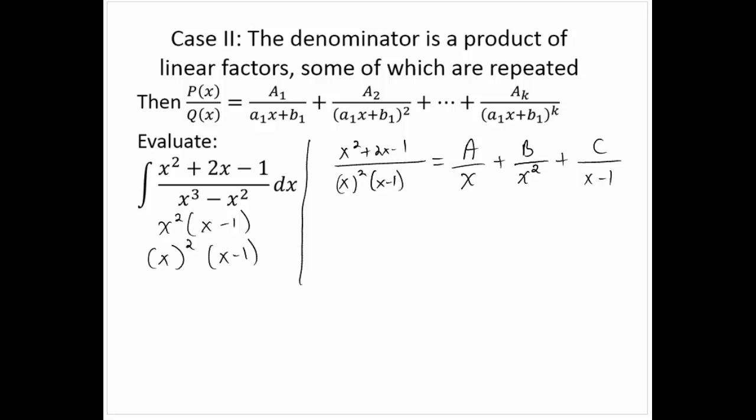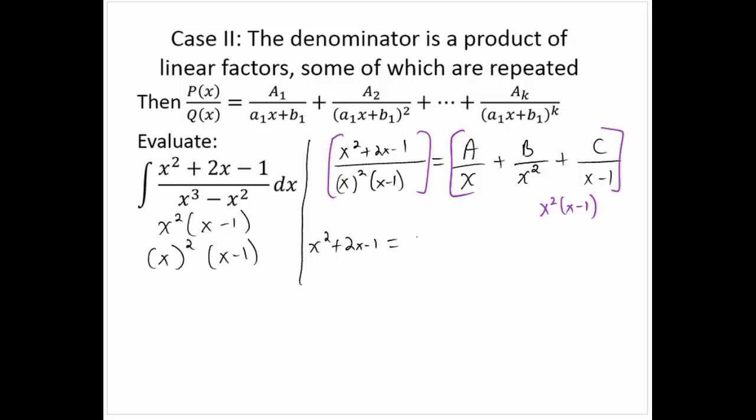And now I follow the same process as before. I multiply both sides of the equation by the LCD, which is x squared times x minus 1. The left-hand side, those factors cancel out in the numerator and denominator. I get x squared plus 2x minus 1.